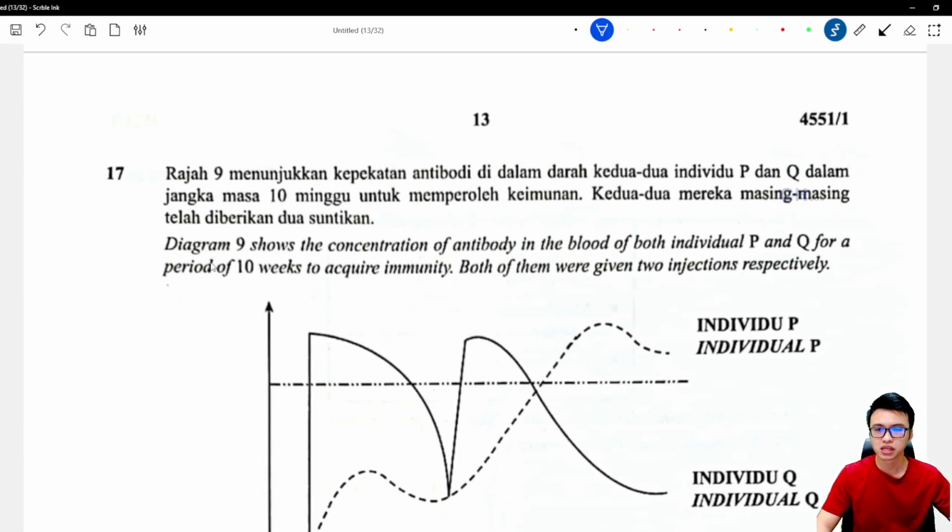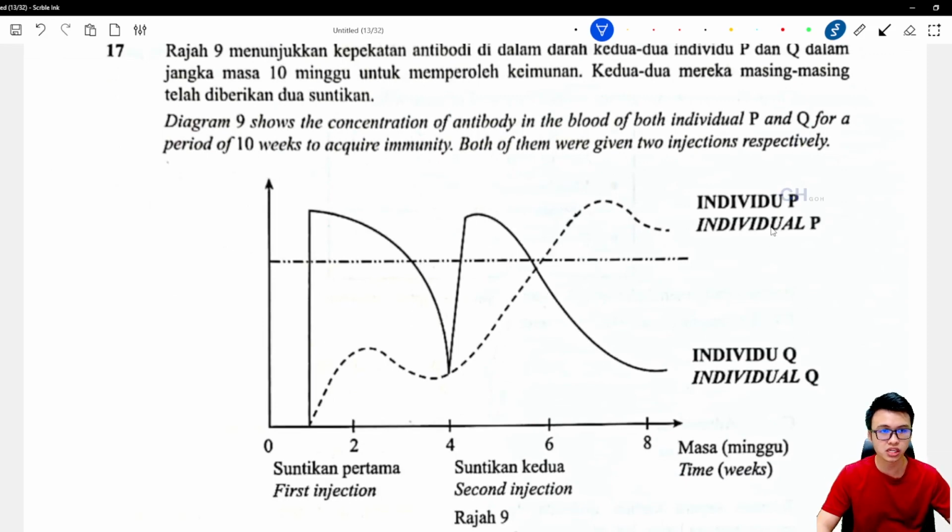Okay, question 17. Diagram 9 shows the concentration of antibody in the blood of individuals P and Q over a period of 10 weeks to acquire immunity. If you talk about acquired immunity, then this one is confirmed artificial, with 2 injections respectively. So we have individual P and individual Q. Individual Q can get the antibody straight away after the injections.